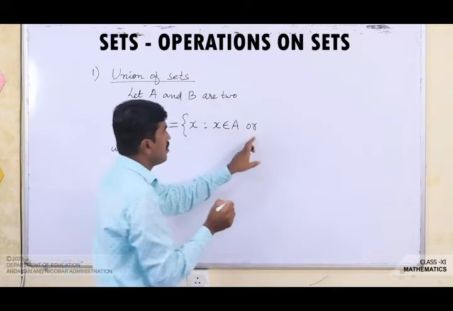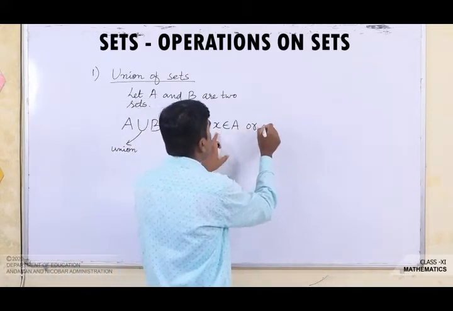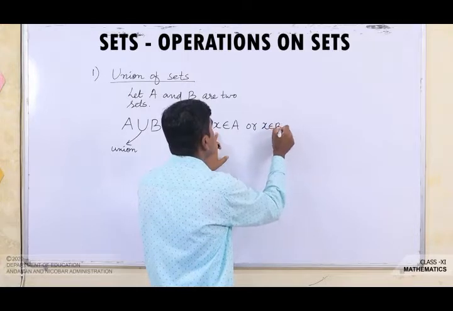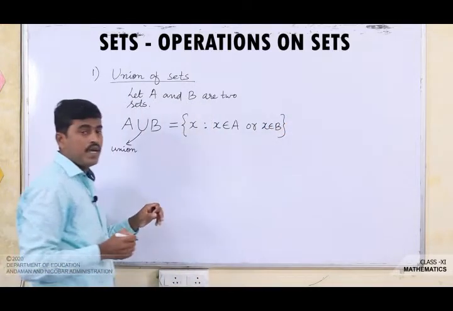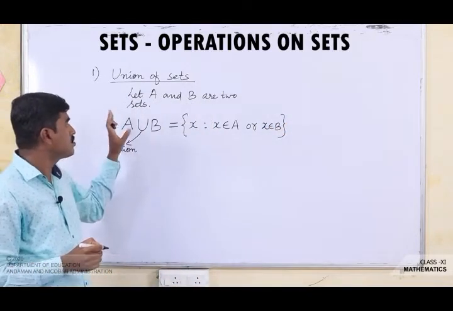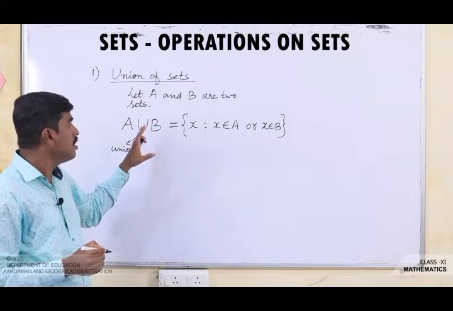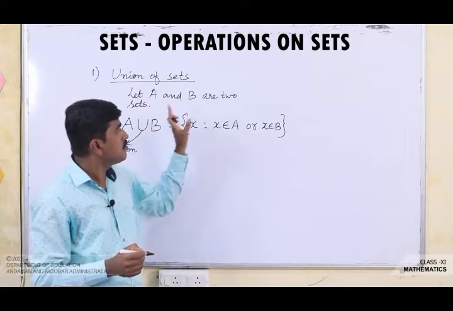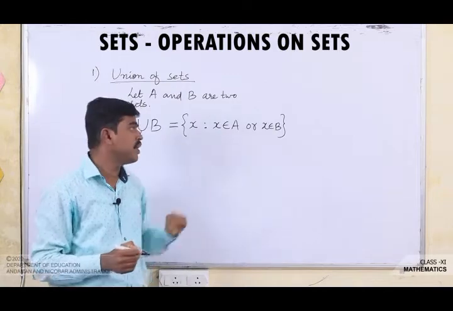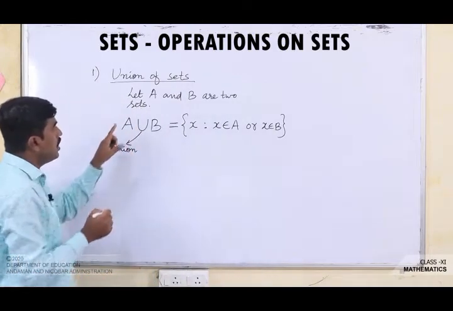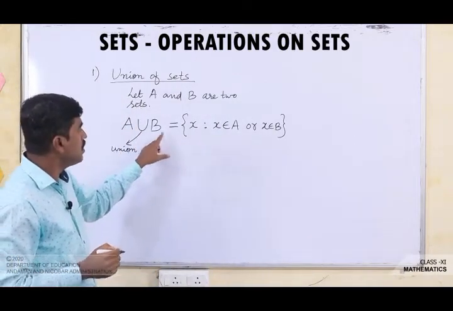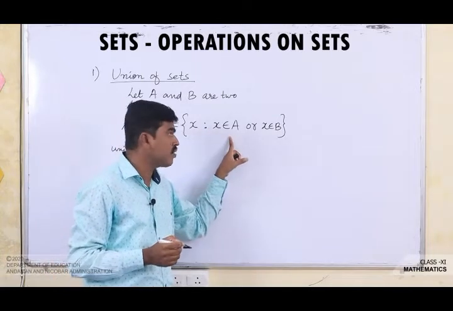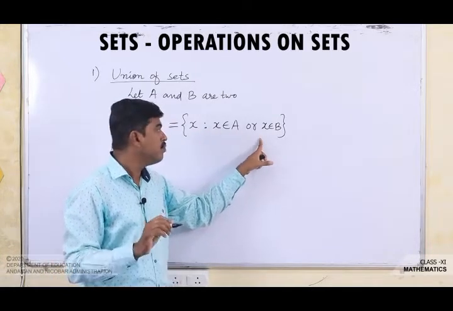Union means or. X belongs to A or X belongs to B. That means we have to write all the elements of A and all the elements of B, but the elements we have to write only once. So A union B is equal to {X such that X belongs to A or X belongs to B}.